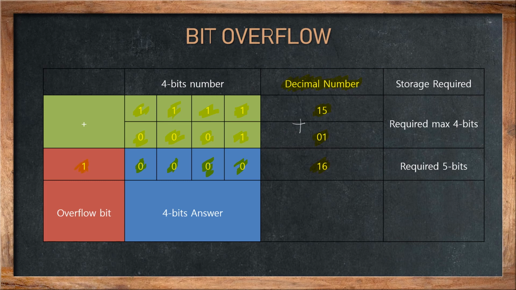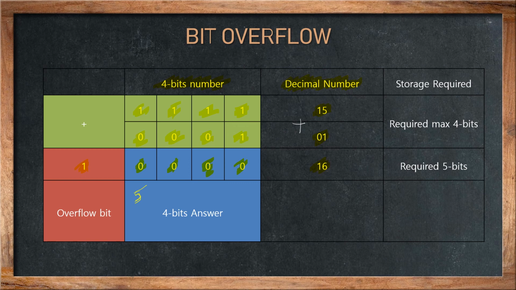As you can see, we have performed the addition operation on 4-bit numbers, and in the answer, how many bits are we getting? We are getting 5 bits, right?